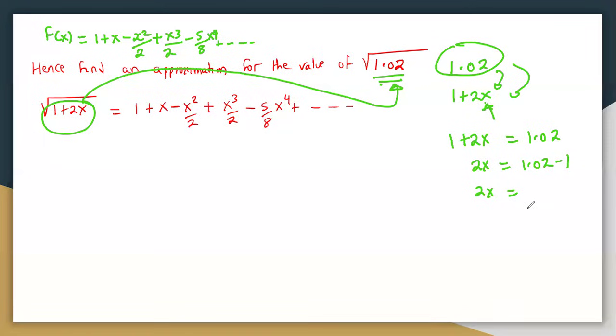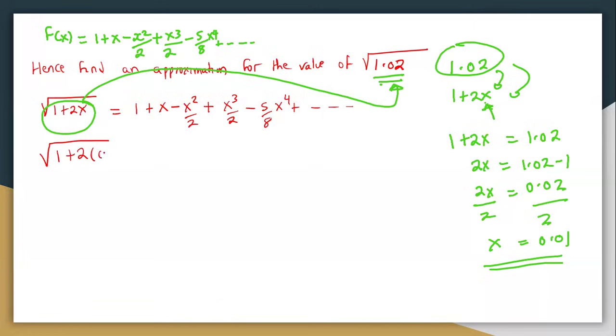You get 0.02, divide by 2, and your x will equal 0.01. So this is very okay, members. That means that when you come back, we are going to write our new function in this format: 1 plus 2 times our x, which is 0.01. So what does it mean?